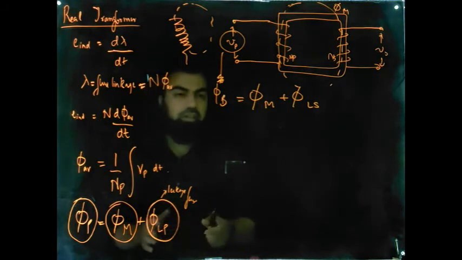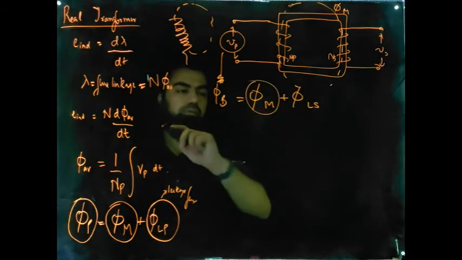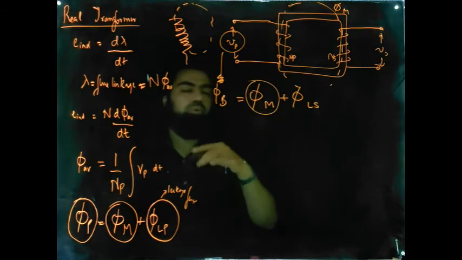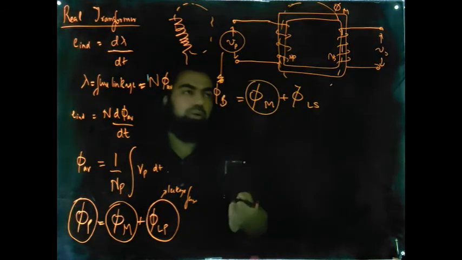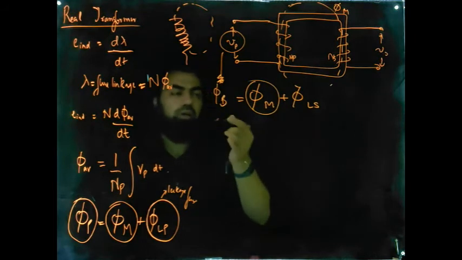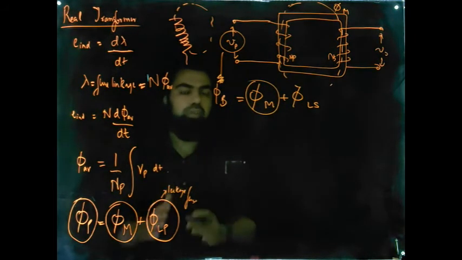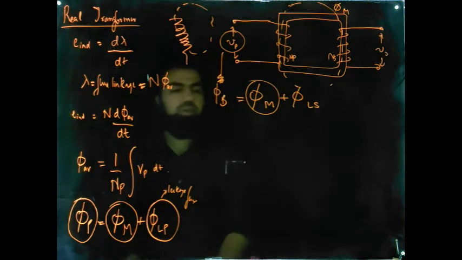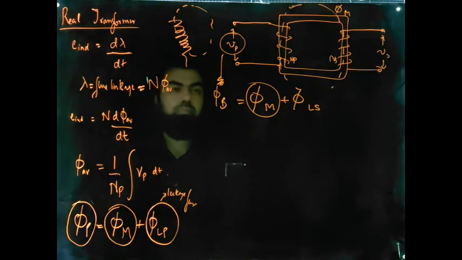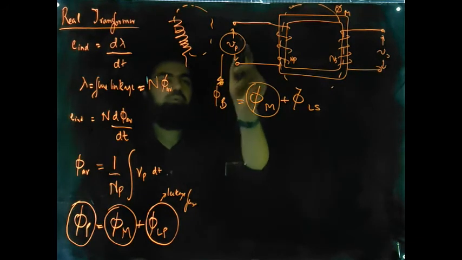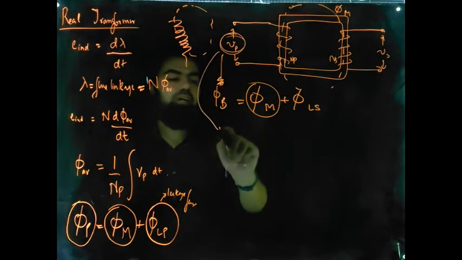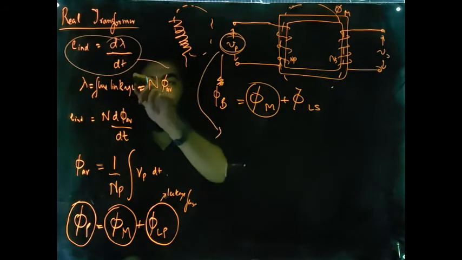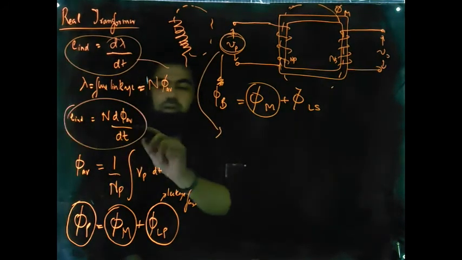Having said this, it will be only the mutual flux that will be responsible for inducing voltage at the two ends of the primary and the secondary winding. So what we can see here is, using Lenz's law, we know this Vp, and this E induced equation, or you can use this equation, fine.